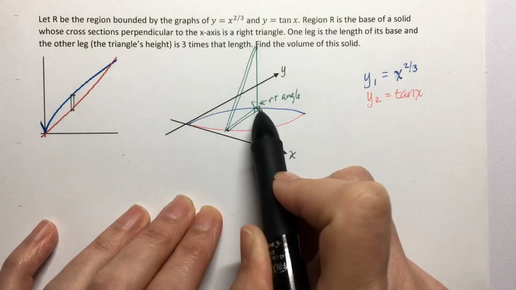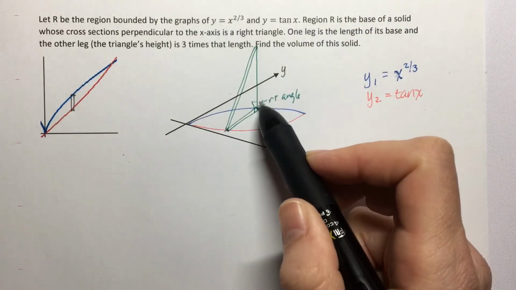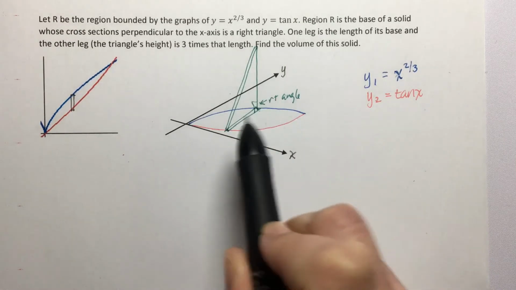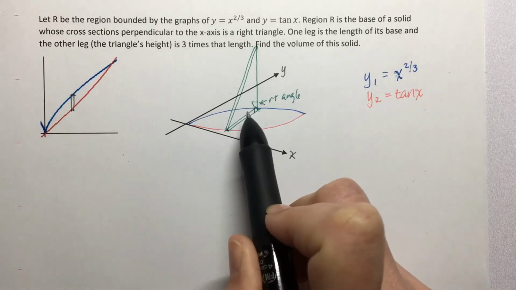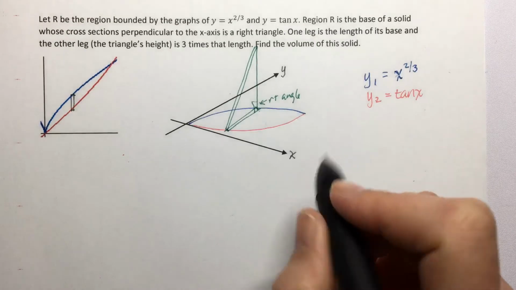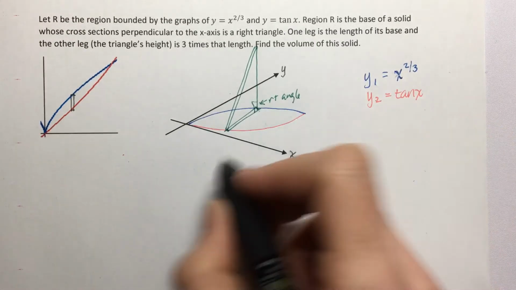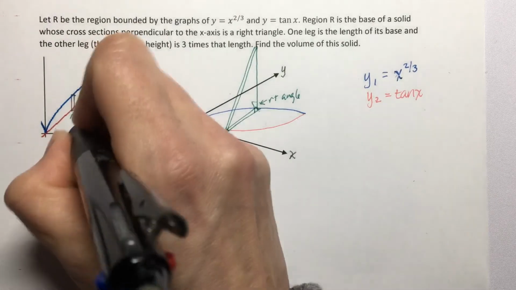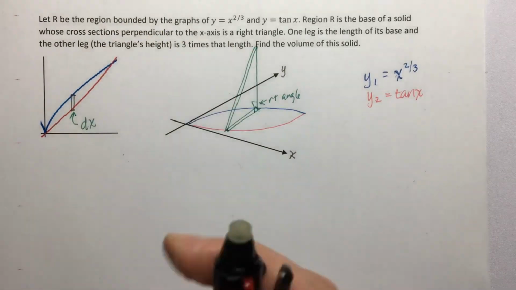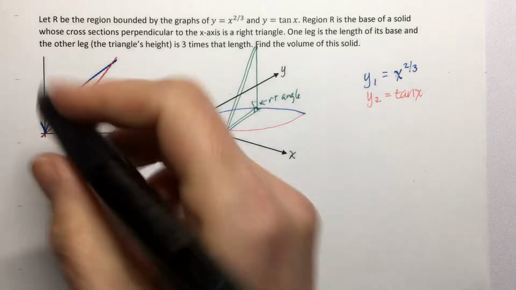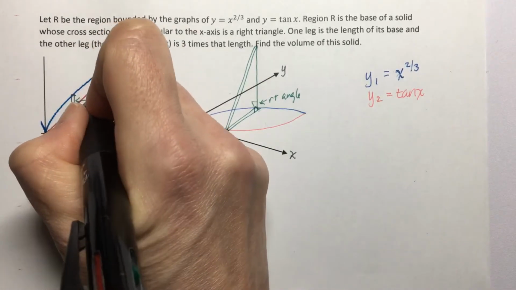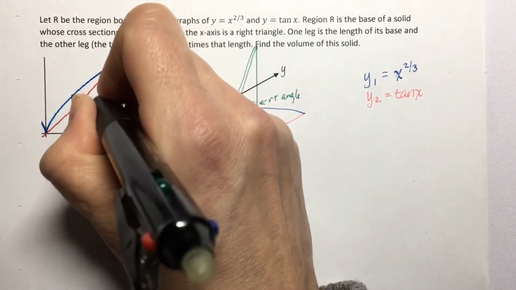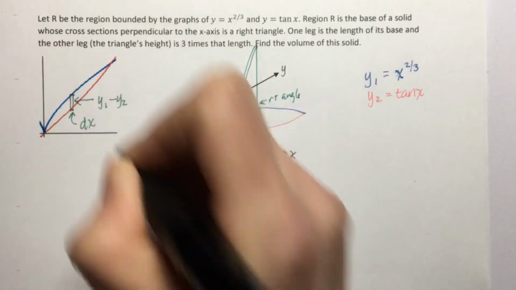And so rather than trying to even consider drawing this whole entire shape, I'm just drawing one slice, because remember, we don't care about the whole thing, we just care about one slice. Okay, now that I'm here, so if I look at my original graph, because that's sometimes helpful, this is dx on the thickness. And then the vertical dimension on this is the blue minus the red, or y1 minus y2.